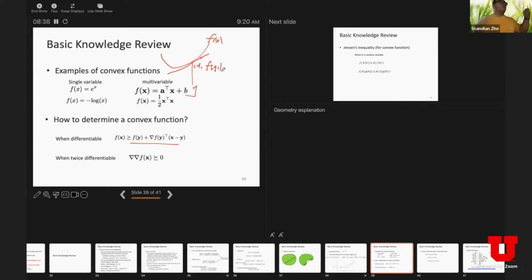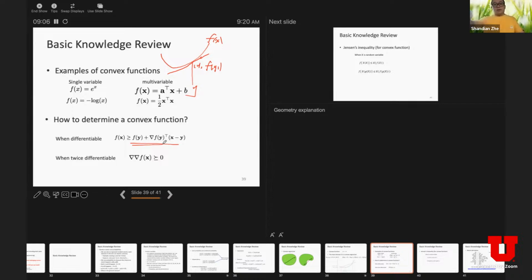Just to give you some geometric intuition about that, because later we're going to talk about how to construct a lower bound for a convex function so that you can do some subgradient descent. Subgradient descent, you couldn't call it a tangent line, because it is possible that your convex function is not differentiable.